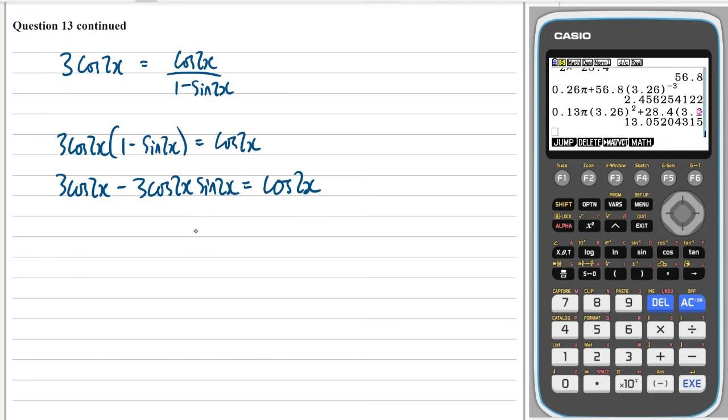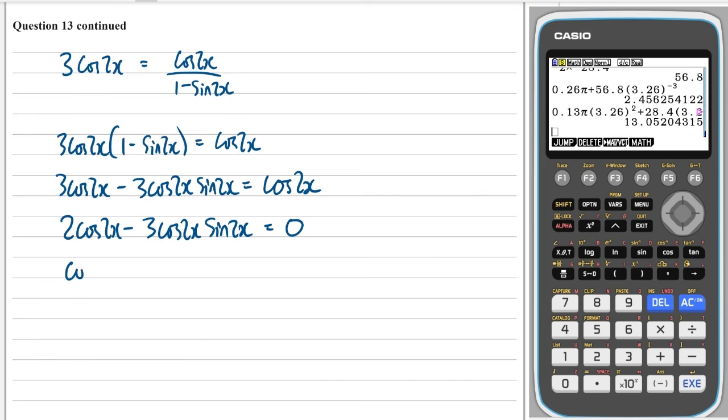I can then subtract a cos 2x from both sides, which will give me just 2 cos 2x now. And then I can factorize, and I notice that they both have a cos 2x in them.